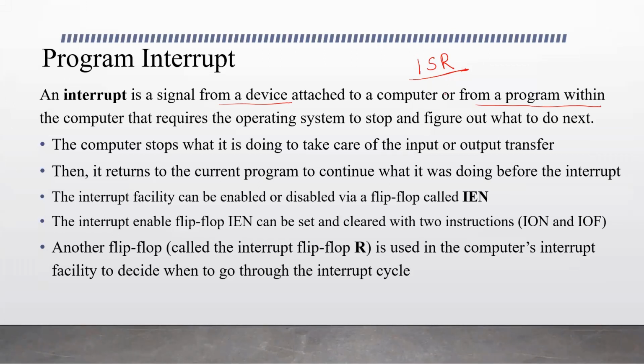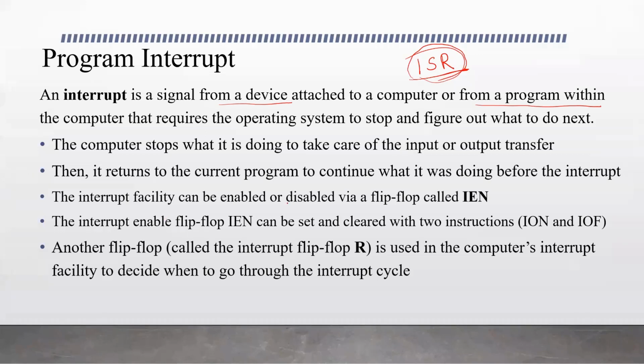So when an interrupt is encountered, the computer has to stop its current execution and execute this interrupt service routine. Once the execution of the ISR is completed, the computer has to return to the program it was running before the interrupt.